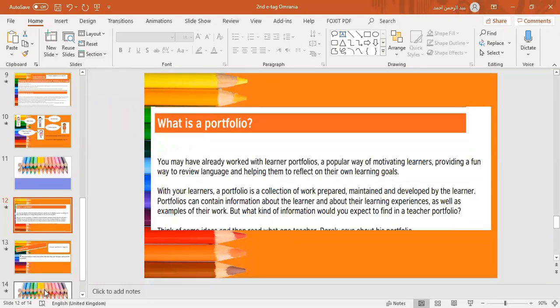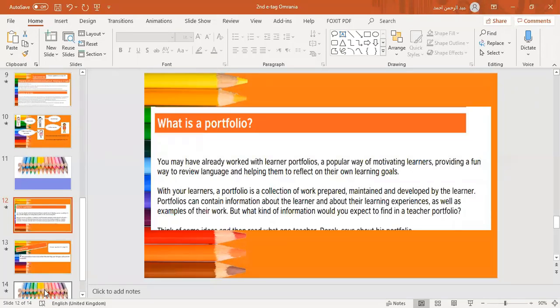You may have already worked with learners' portfolios, a popular way of motivating learners, providing a fun way to review language and helping them to reflect on their own learning goals, because they have all the materials they produced in one file. They could see what are the steps to advance and to go through their learning process.